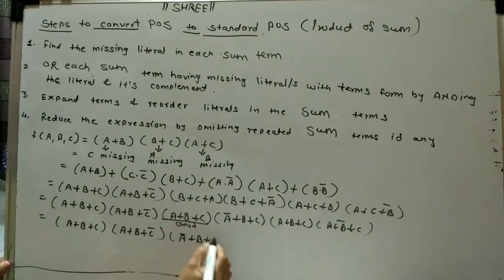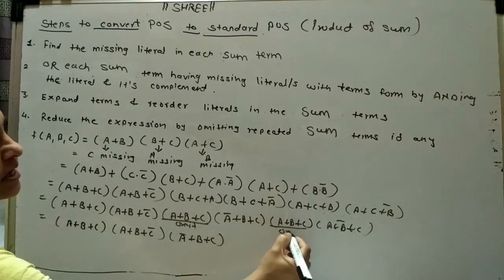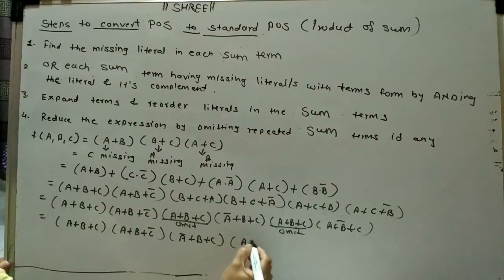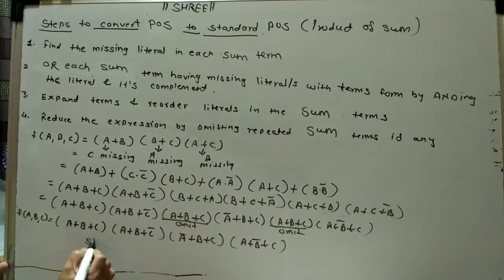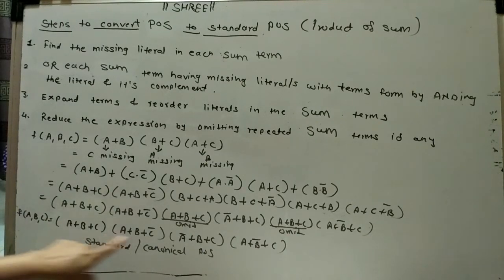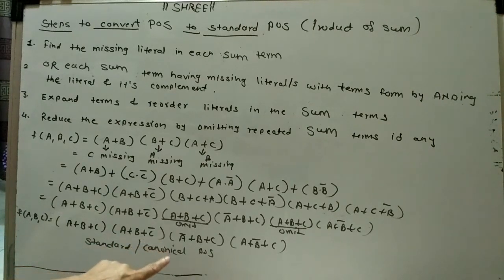Now A bar plus B plus C, again A plus B plus C we will omit, and lastly A plus B bar plus C. So this is my standard or canonical POS form. Now in this form, again each sum term contains all the variables either in a complemented or uncomplemented form, that is A plus B plus C, all variables present, A plus B plus C bar, A bar plus B plus C, and A plus B bar plus C.